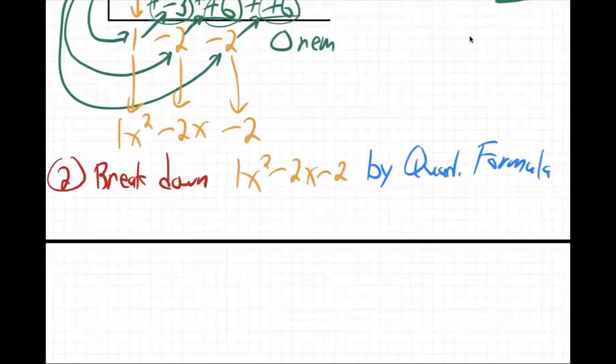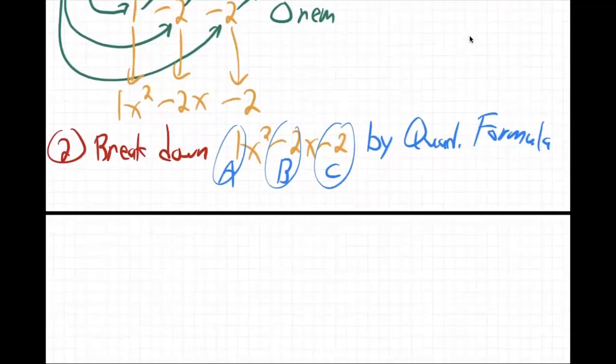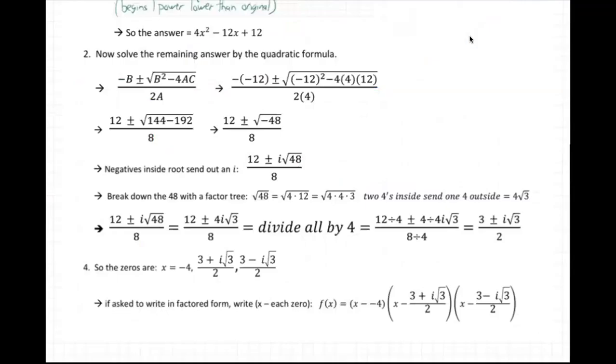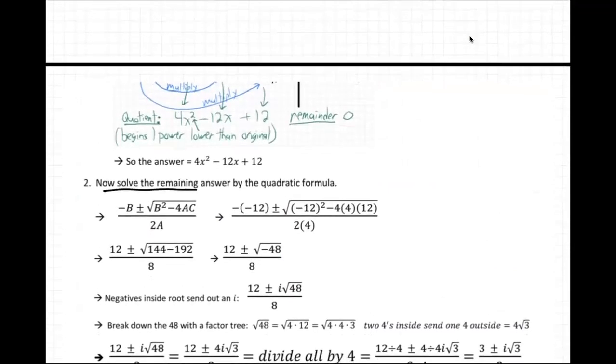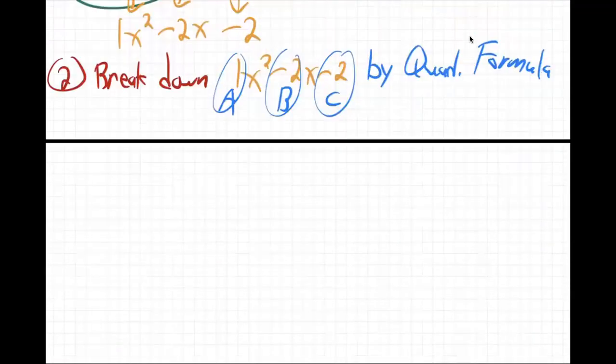Let's do the quadratic formula. This is my A, my B, my C. Well, you don't have to know. You can just use the notes. This is all in the notes. See right here, I'm showing step 2, now solve the remaining by the quadratic formula. There's the quadratic formula and all the steps showing in the notes. So let's do it. So here we go.